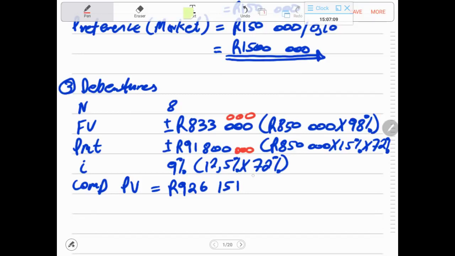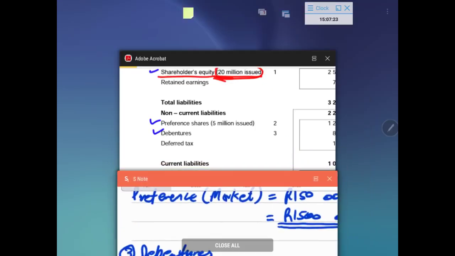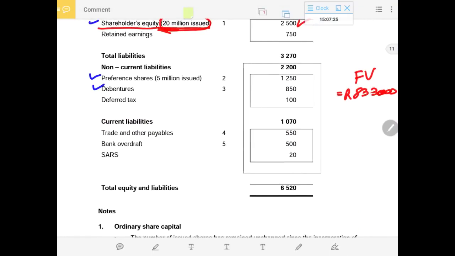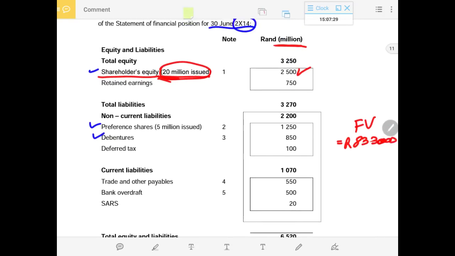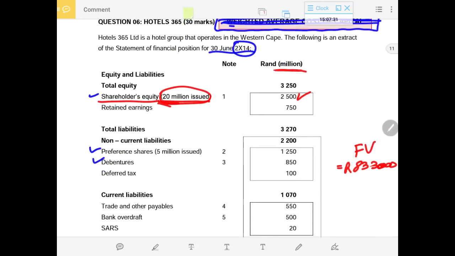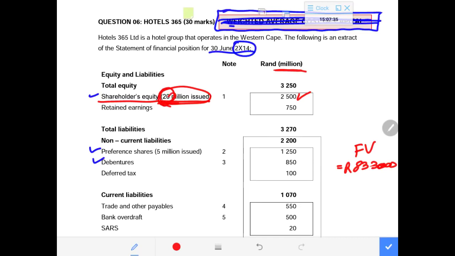So it gives me 51,000,007 or 006. So I just took all the decimals into account because my figures are given in millions. And once again, when it comes to the ordinary shares, I took the entire 20 million.